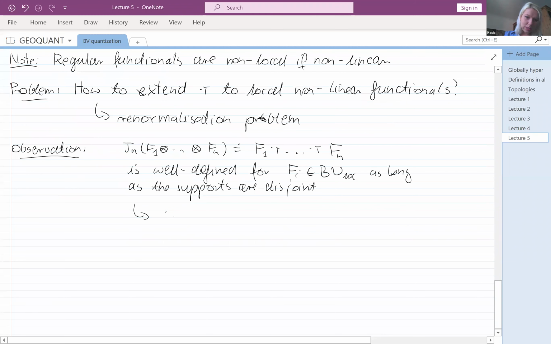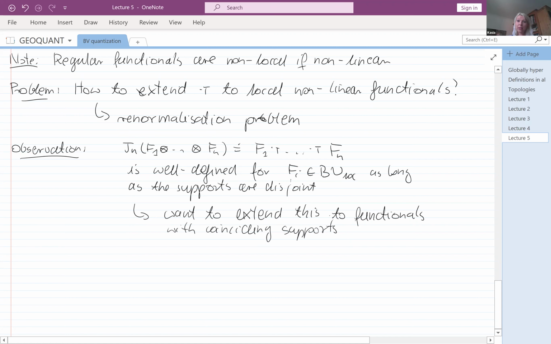So we want to extend this to functionals with coinciding supports. And in particular for the S matrix, you would have to evaluate these Tn's at n copies of the same functional. So obviously you need things to be well defined at coinciding supports.